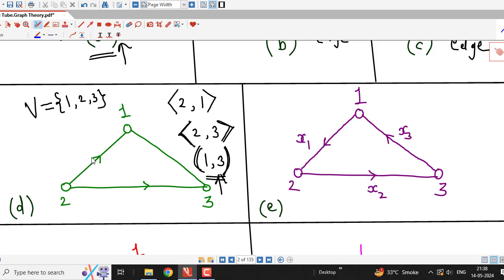Here in part D, we can say that there is an edge from 2 to 1. This is a directed edge. This is also a directed edge, but this is an undirected edge. Therefore, we have a mixture of directed and undirected edges. Therefore, this graph is a mixed graph. Here all the edges are directed. Therefore, this is a directed graph, or we can shortly write digraph.